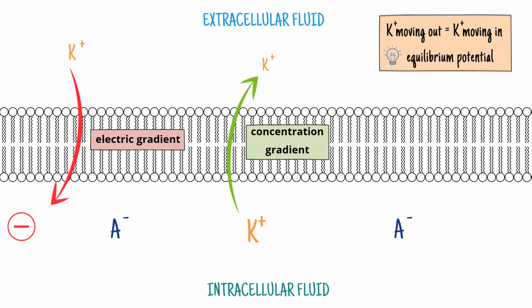The value of the potential can be calculated using the Nernst equation, which works with the different concentrations of an ion inside and outside the cell. We'll definitely cover the equation in a future video. Now I'll only tell you the values.